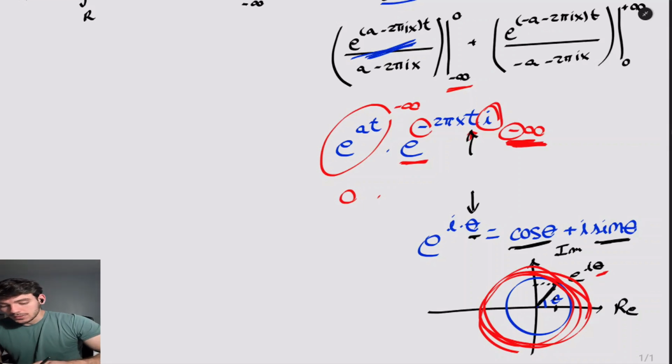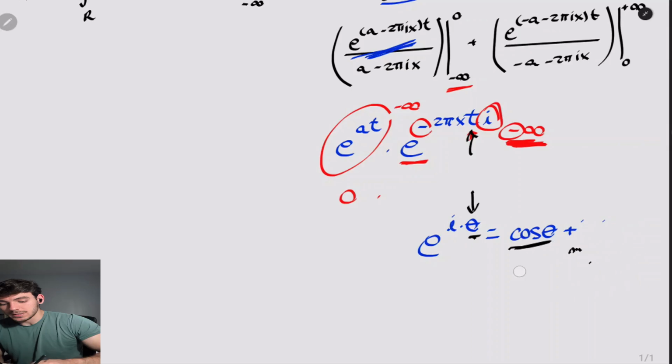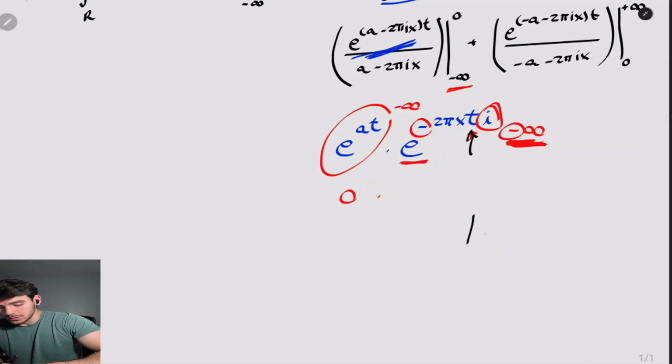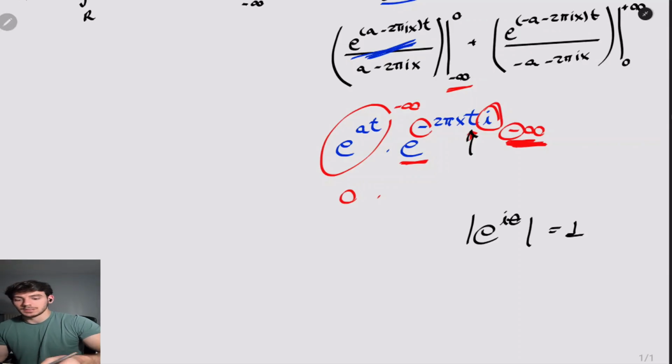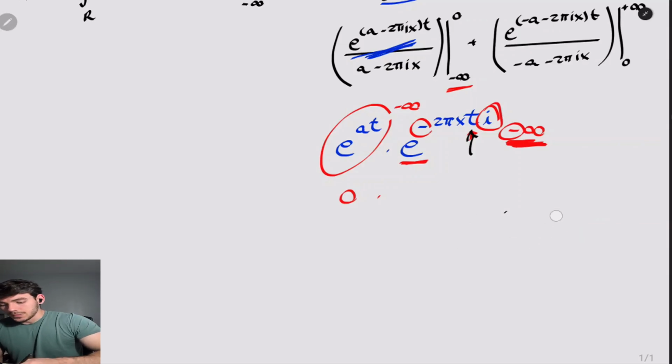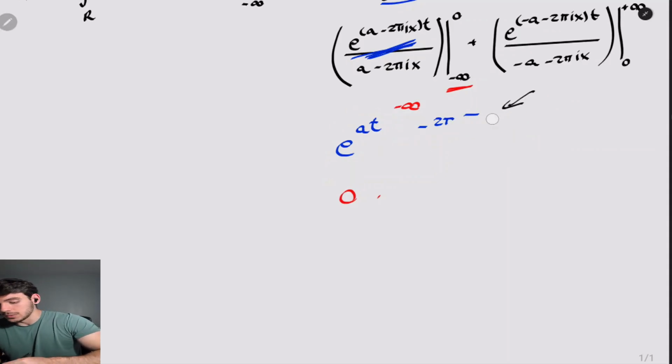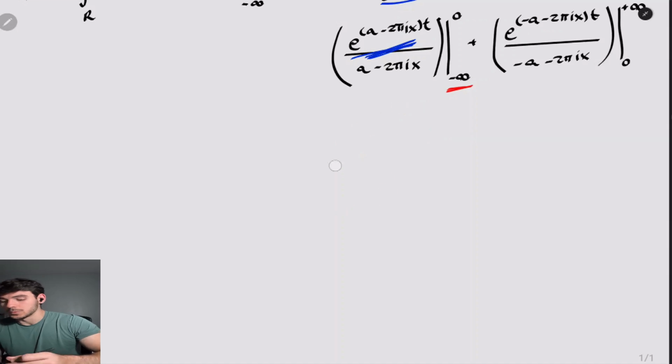Okay, so that's basically the Euler formula that says that the module of exponential of I theta equals 1. That's basically it. I guess you've probably seen this. All right, so here we won't really analyze the infinite when it comes along with the I here. It's always 1. Okay, it only matters the real part.